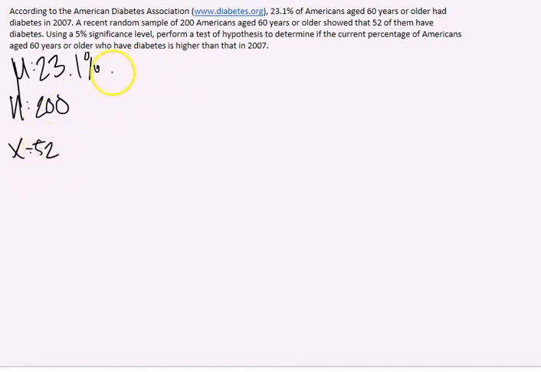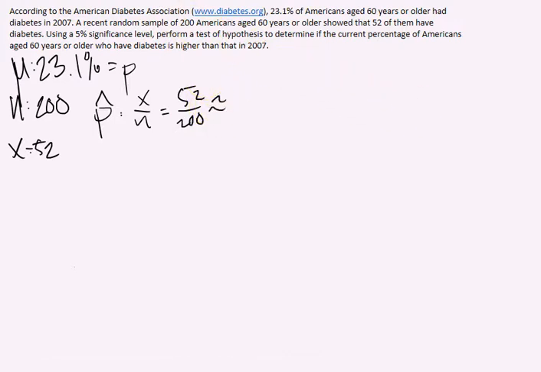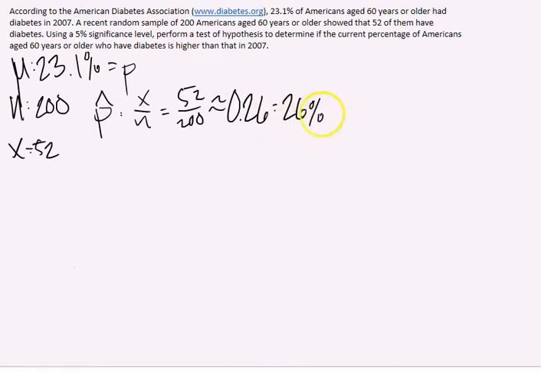My P hat is always X over N, or 52 out of 200. That's the information I have so far, and I can write this as an exact value. You calculate that, so that's 0.26 or 26%. Okay, so that's my P hat.